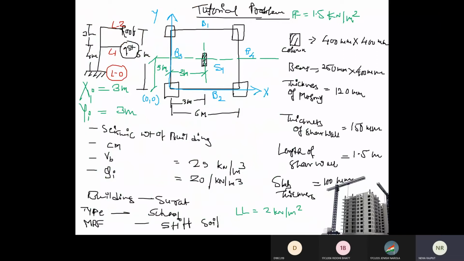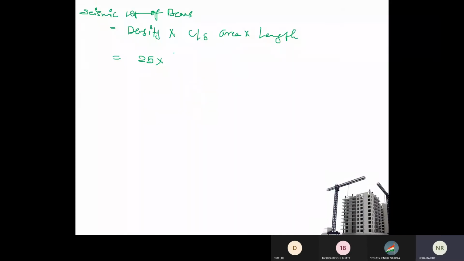Density into cross-section area into length. Density is 25. Now what is the cross section given for the beam? 250 by 400. So 0.25 into 0.4 into length. Length of one beam is 6 meter.